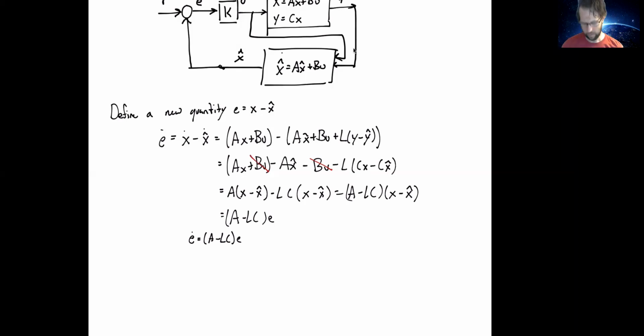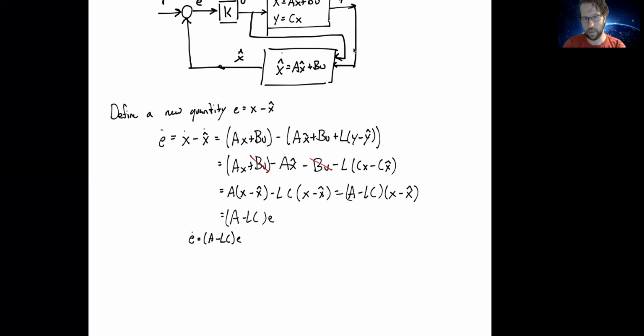Okay, so now what properties would this have to satisfy to ensure that e goes to 0? Well, we just need asymptotic stability. If we can show that our system is asymptotically stable, then we know that our estimate will converge to our state. That results in having to design L such that this holds.